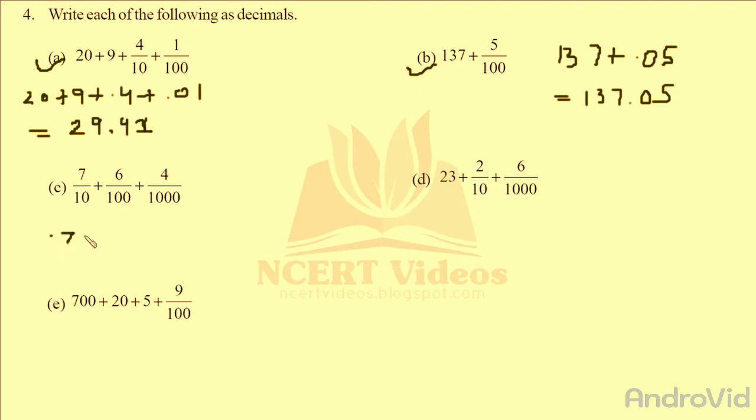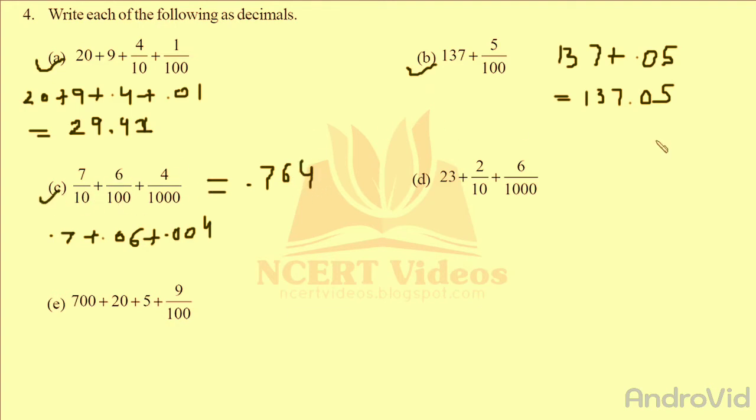C part 0.7 plus 0.06 plus 0.004. So adding them up, 0.764 would be your answer.